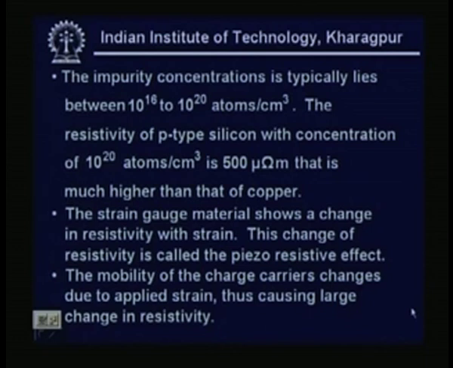The resistivity of p-type silicon with a concentration of 10 to the power 20 atoms per centimeter cube is 500 micro-ohm meter, which is much higher than that of copper. The strain gauge material shows a change.